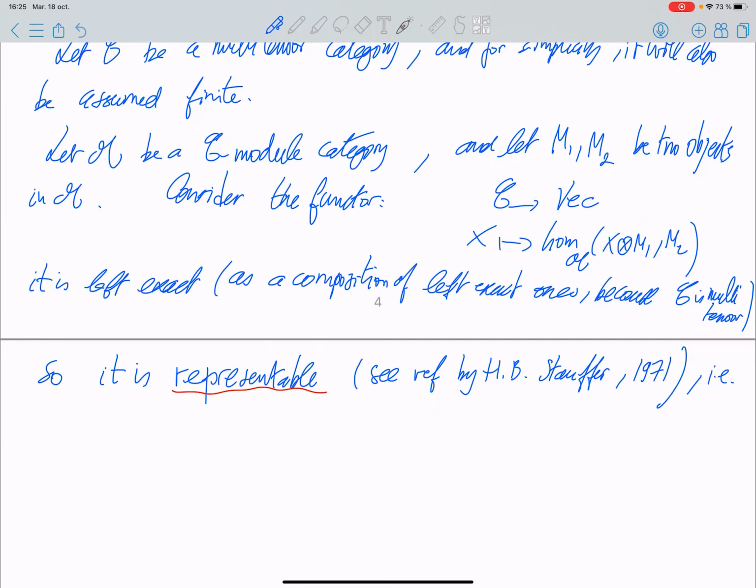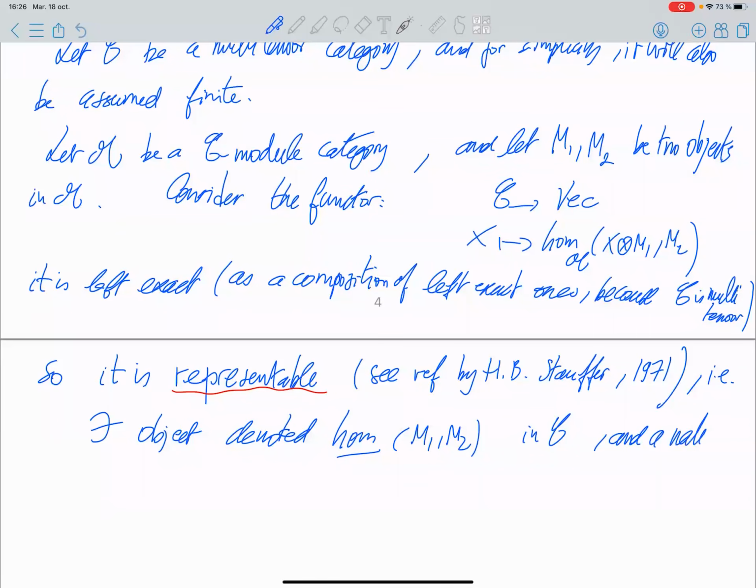So what is the meaning of representable? There exists an object, denoted Hom from M1 to M2, in C, and a natural isomorphism like that, where here you put this object.